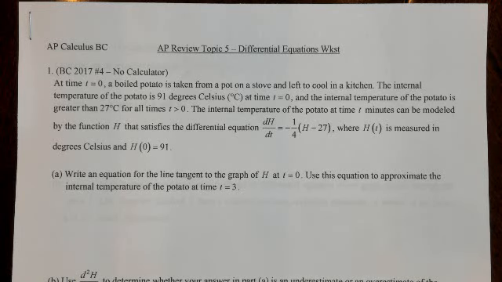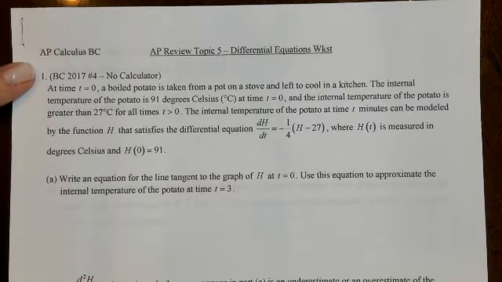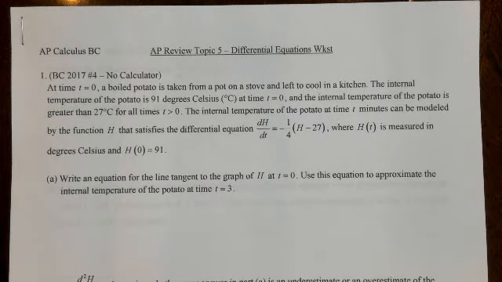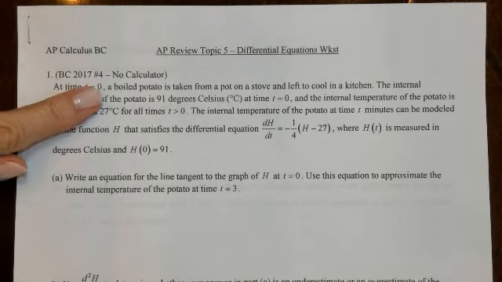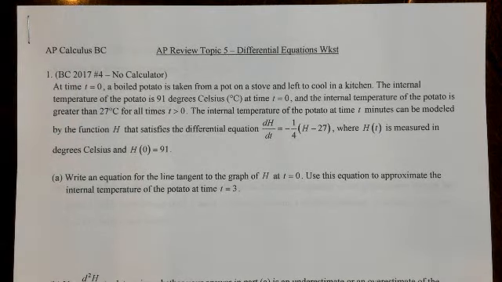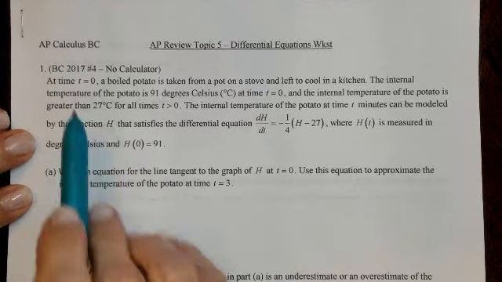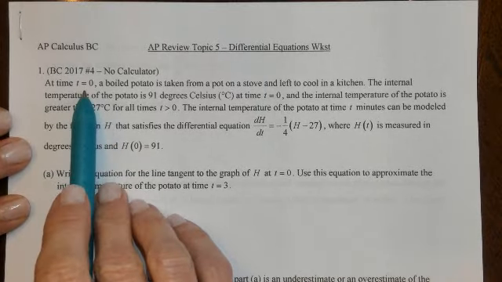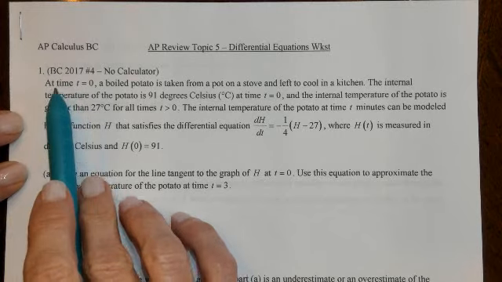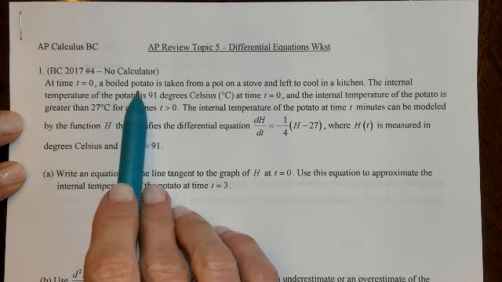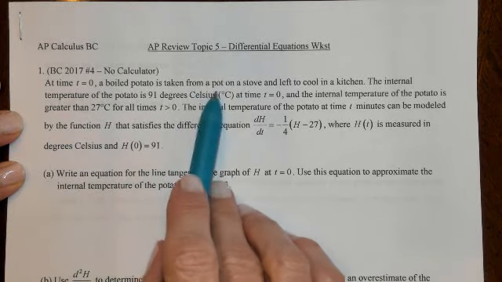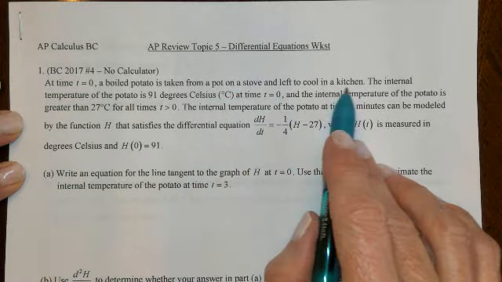Okay. So now I'm moving to our little worksheet packet, and I'm going to begin by doing the problem from 2017. This was number 4, which was without a calculator. Let's read through this. It says, at time 0, a boiled potato is taken from a pot on a stove and left to cool in a kitchen.